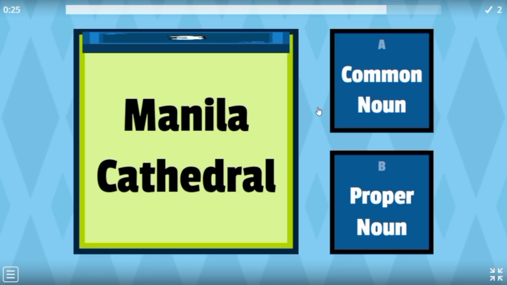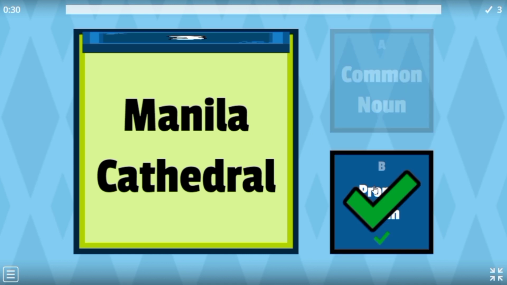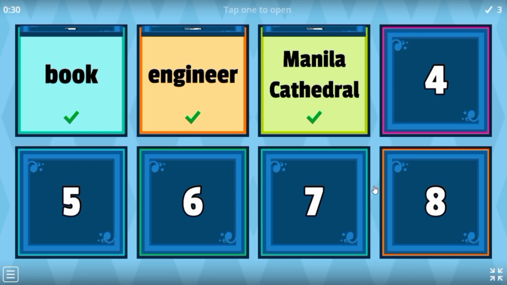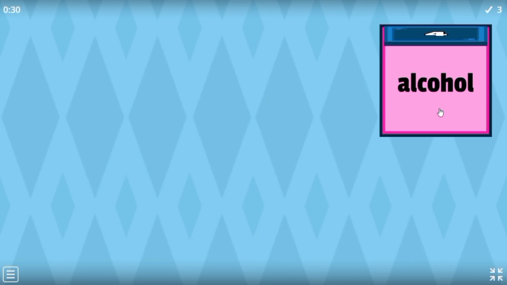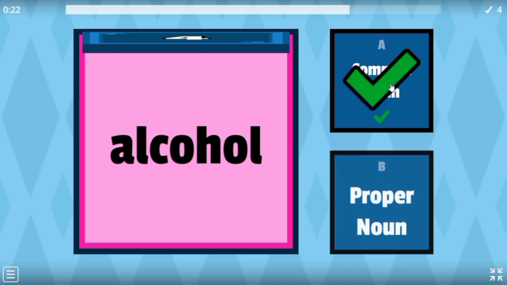Is it a common noun or a proper noun? It's a proper noun. Let's open another box. Open Sesame. Alcohol. Is this a common noun or a proper noun? It's a common noun.